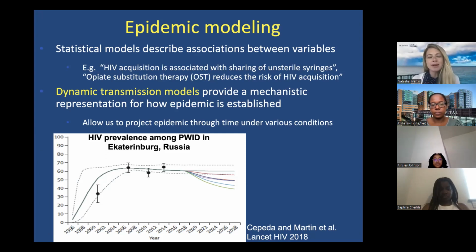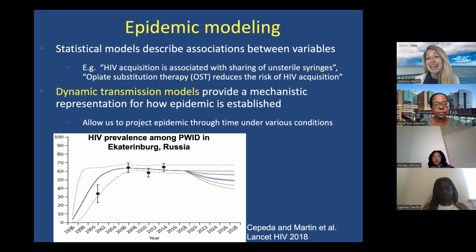But what I'll be talking about today is something called a dynamic transmission model. These are also often called epidemic models. And what these models do is they provide a mechanistic representation for how an epidemic is established. So because it incorporates this mechanism and mechanistically generates the epidemic, it can be used to simulate into the future.